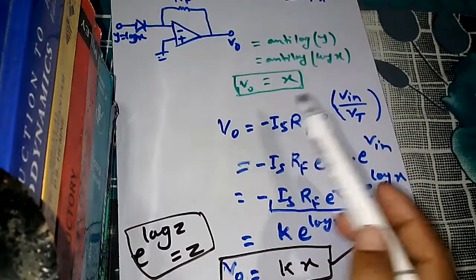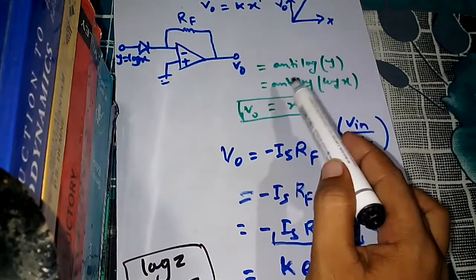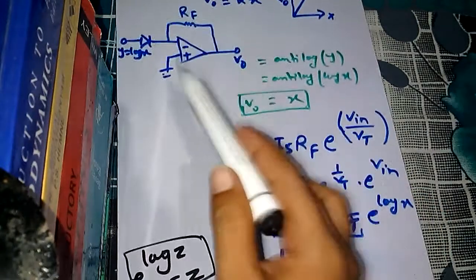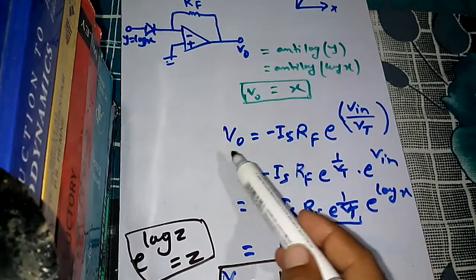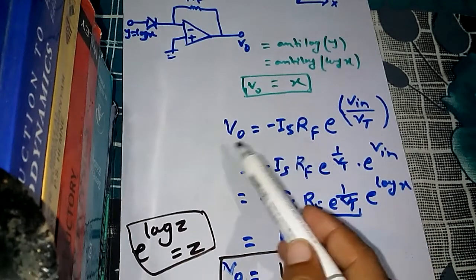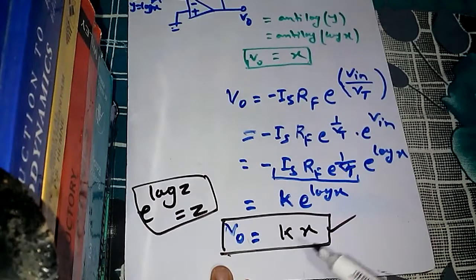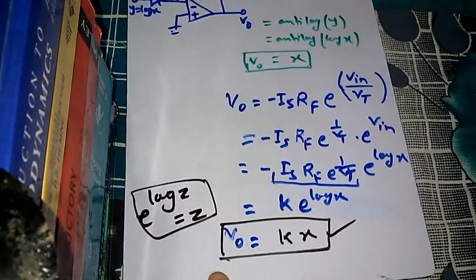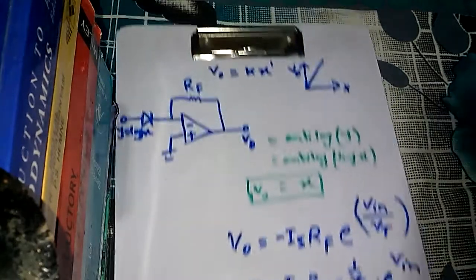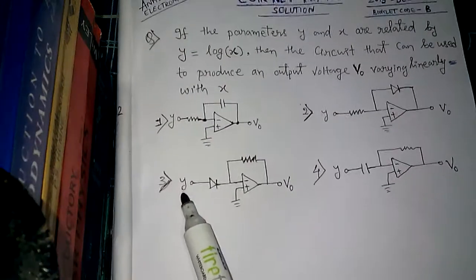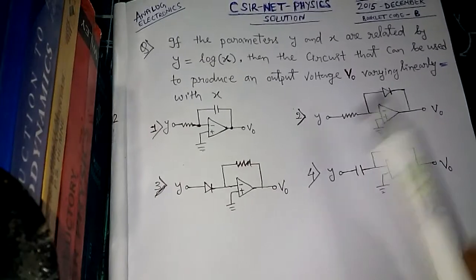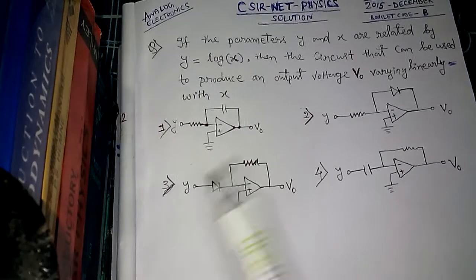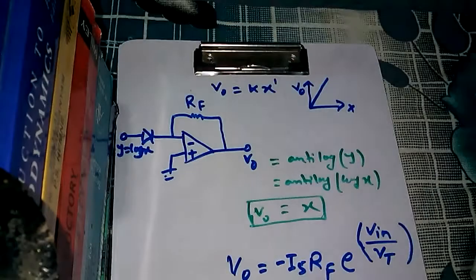So directly from the concept of anti-log operation, or by using the standard output formula, the standard operation that in output we get, we can arrive at this relation. So we saw that for this circuit we have the output as linearly dependent on input. So this is the right circuit, the anti-logarithm operational amplifier.